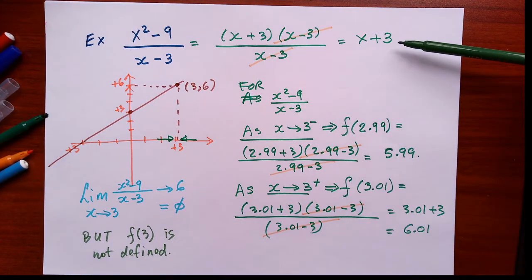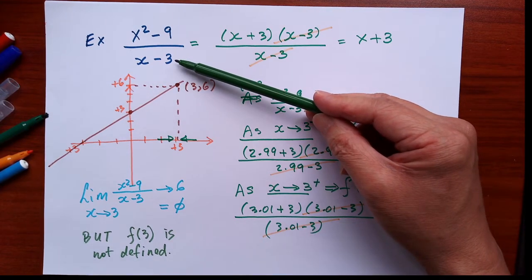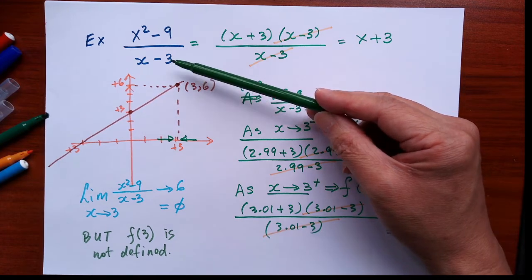Even though the function x plus 3 is okay, if we write it in this format, x squared minus 9 over x minus 3, it implies that at x equals 3 the denominator is 0, and therefore there's no definition.